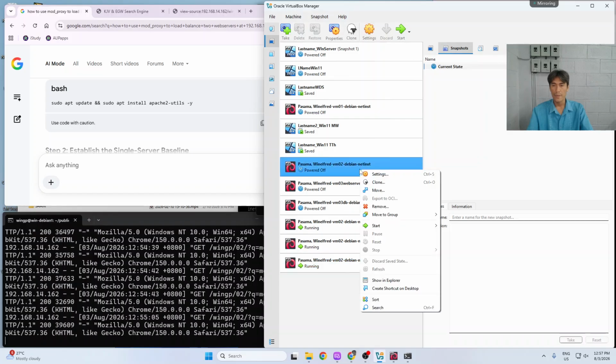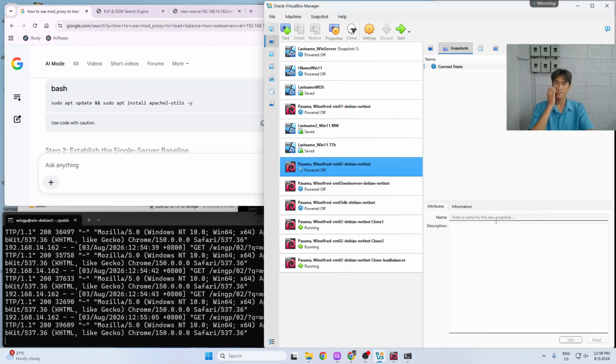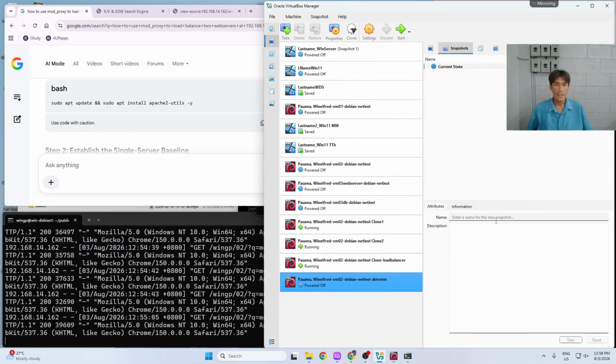This one. We just clone this one. We need a fourth machine. We name it AB tester. And we start it up.